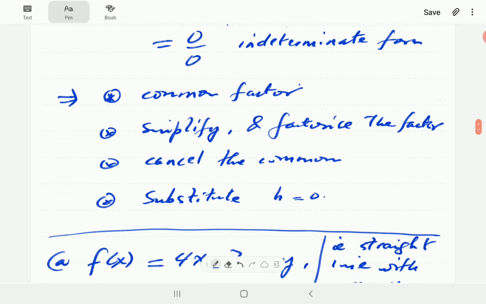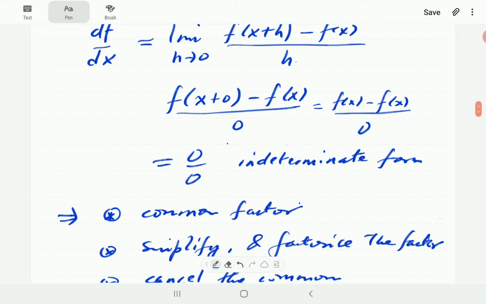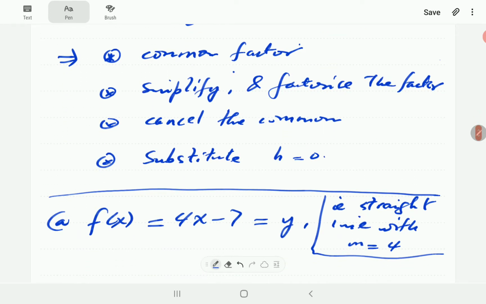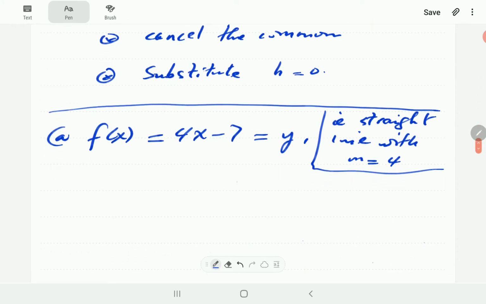Okay, now in this formula here we have got f of x, and we've got f of x plus h. So that means from this we need to find f of x plus h. How do you find f of x plus h?